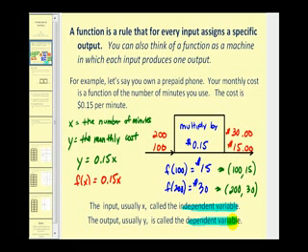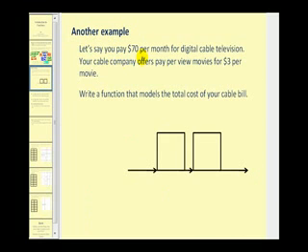Let's take a look at another situation that models a function. Let's say that you pay $70 per month for digital cable television, and then your cable company offers pay-per-view movies for $3 per movie. Let's say we want to write a function that models the total cost of your cable bill. Well, now there's two components to your cable bill. Let's say this first component would be the fixed cost, or the monthly cost of $70.